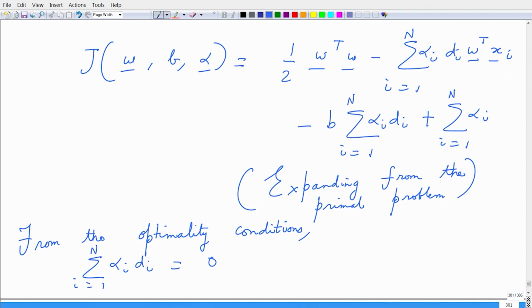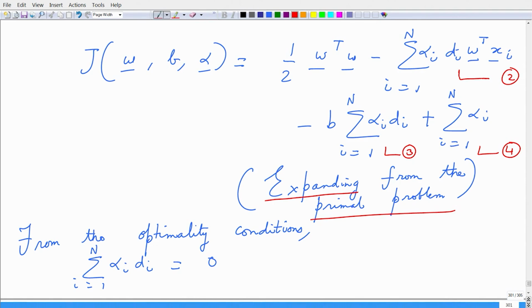One is half W transpose W, which is basically our objective, and these terms 2, 3 and 4 are basically from the constraints, by expanding the primal problem.